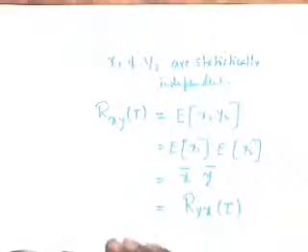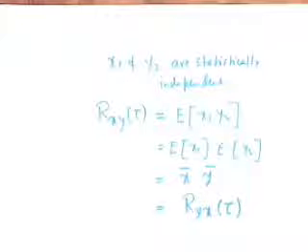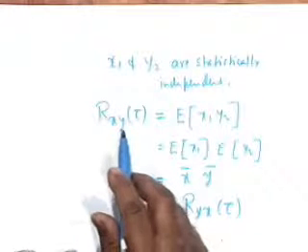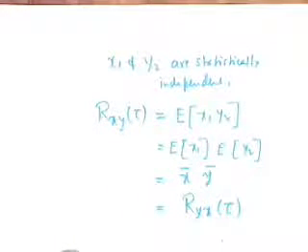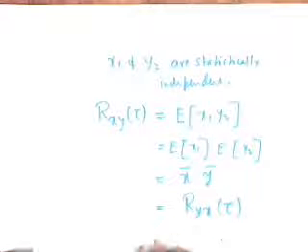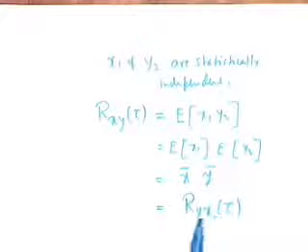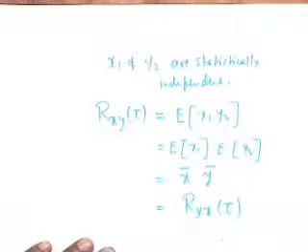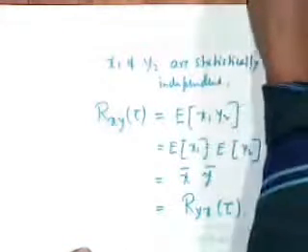For statistically independent processes, if one of them is zero mean, one or both, one suffices, then Rxy of tau, that is the cross correlation coefficient, is absolutely 0. What does it mean? That the two waveforms x of t and y of t are absolutely dissimilar. They are perfectly uncorrelated.